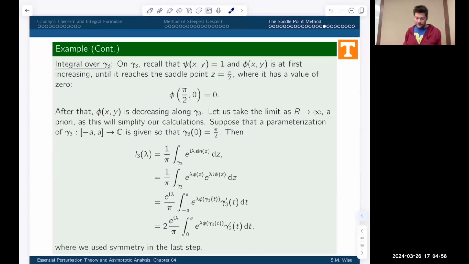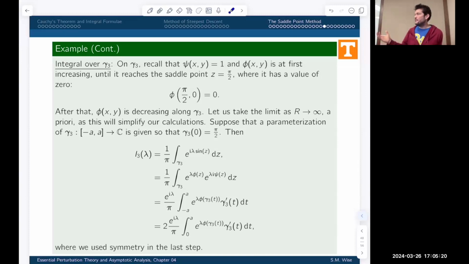It's the gamma 3 contour that is the real son of a gun. That's the one that we have to work really hard on. So remember on gamma 3, psi has the value 1. We're on a psi equals 0 contour, then we jump over to a psi 1 contour, and we jump back to a psi 0 contour.